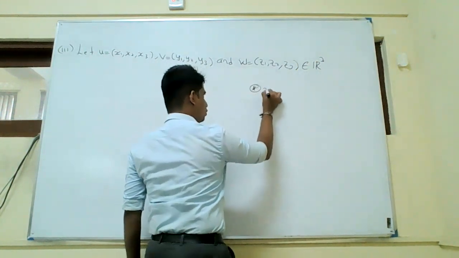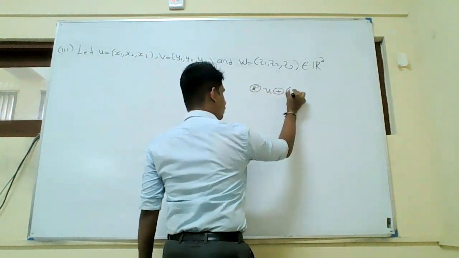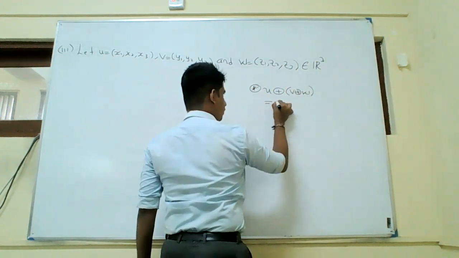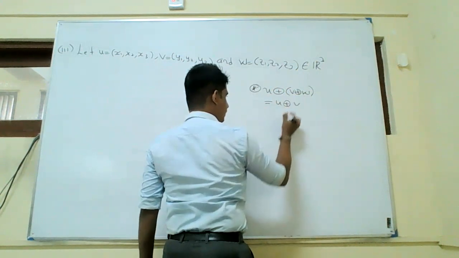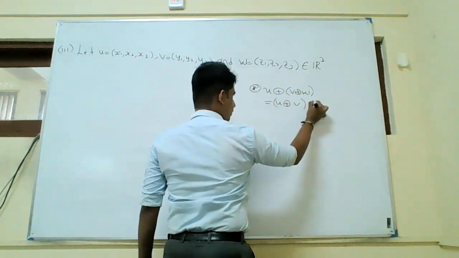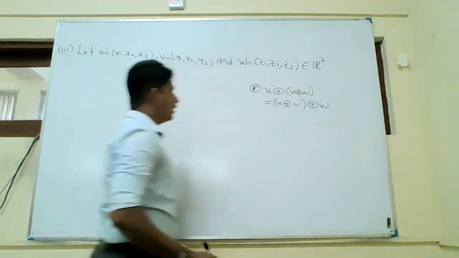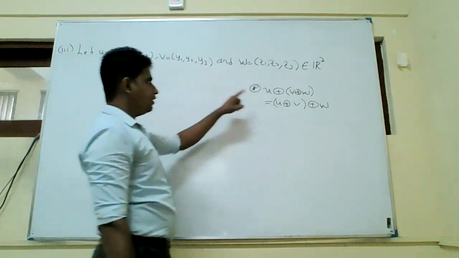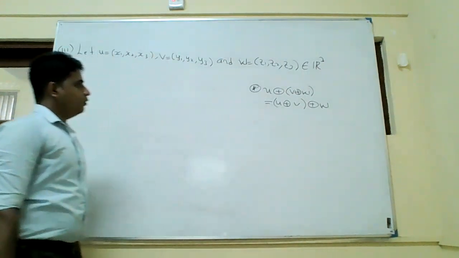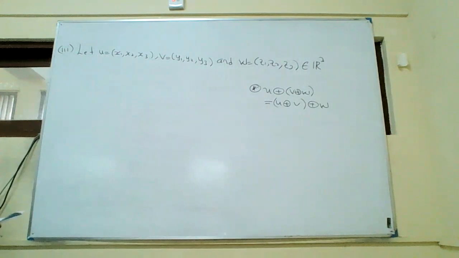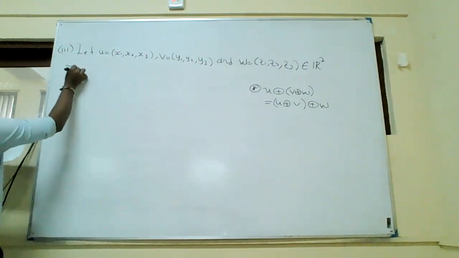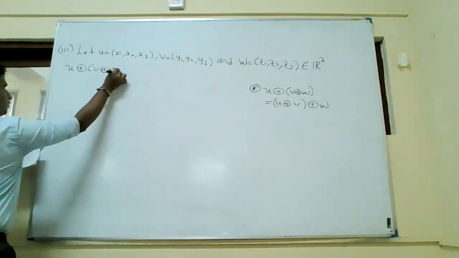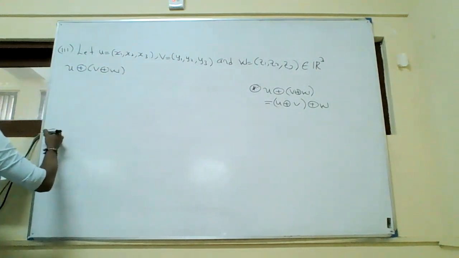Your claim is you want to show that the vector addition of u with v plus w is also equal to u plus v, plus w. You want to prove this claim. So we will take the LHS part first: u plus v plus w.